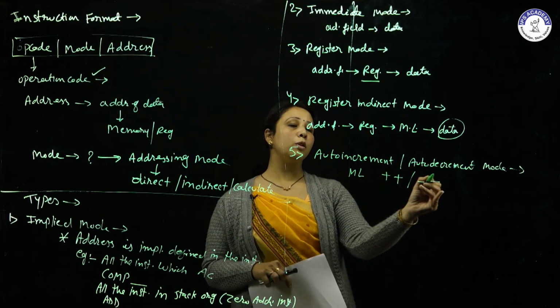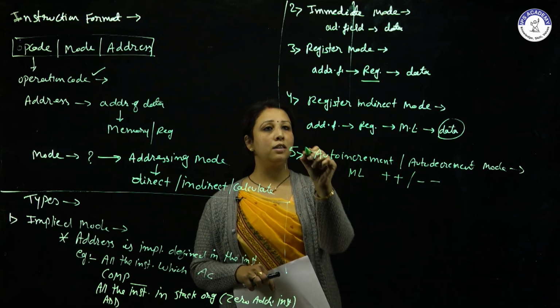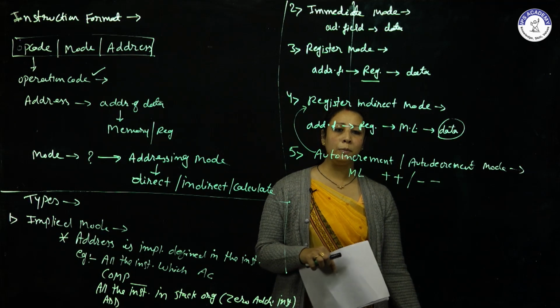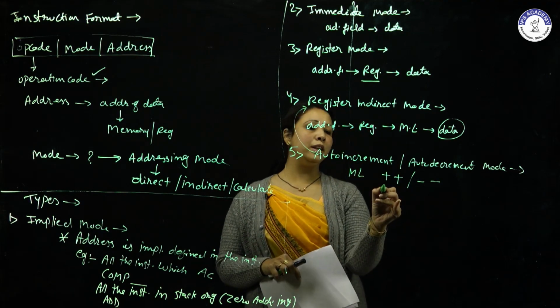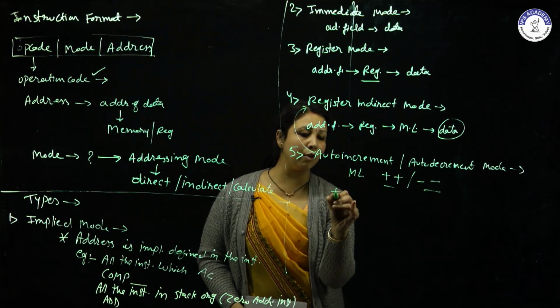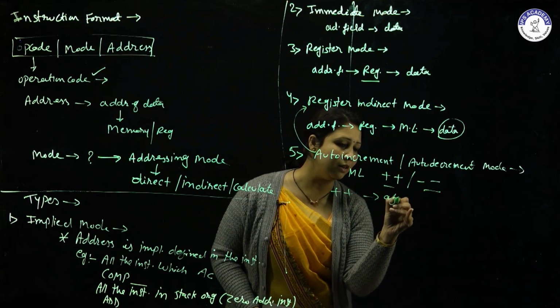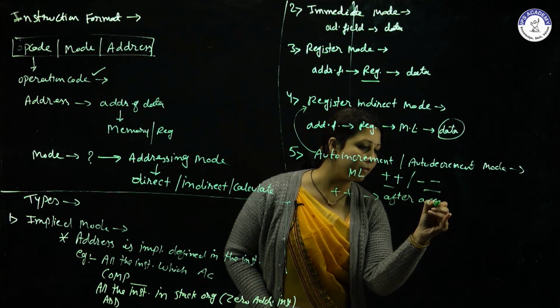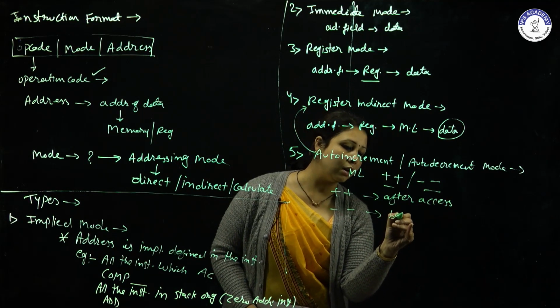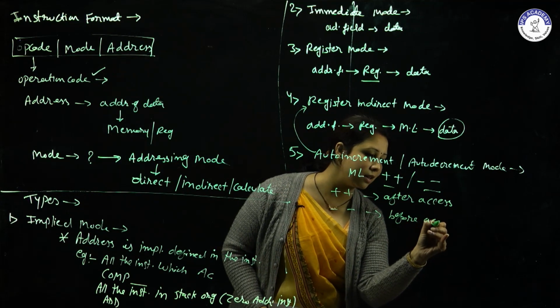Auto increment and auto decrement mode first run in register indirect mode, then we have to increment or decrement. So always increment is performed after access of data, and decrement is performed before access.